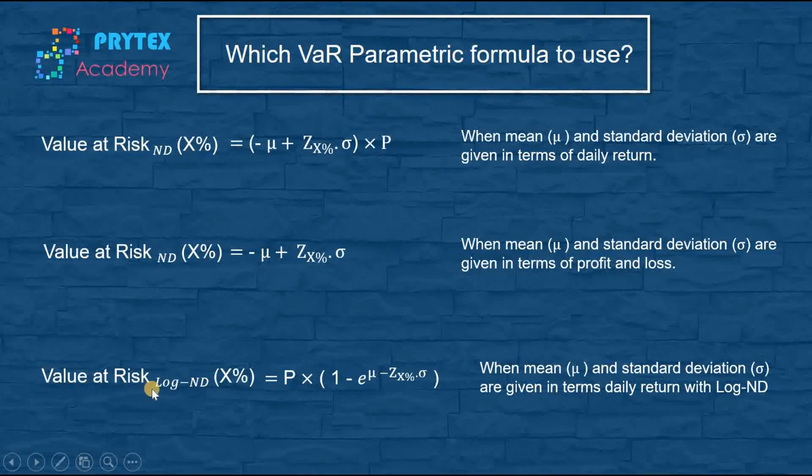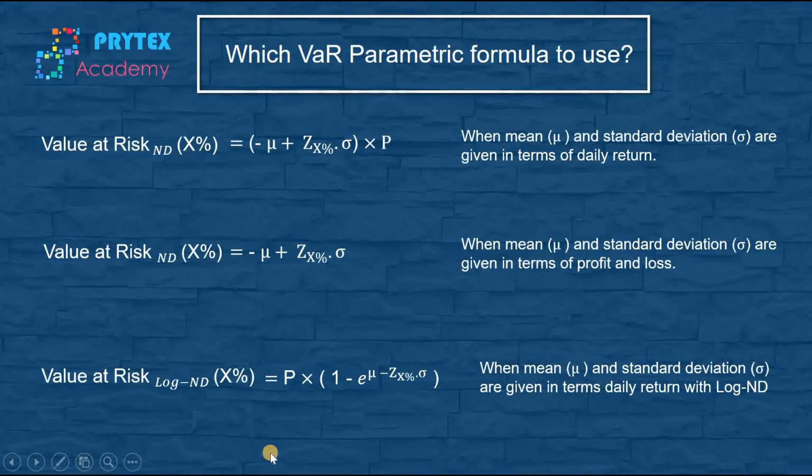So value at risk by the method of log normal distribution, that is, when the underlying distribution has log normal characteristics, then for x% significance the value at risk can be known by this equation, where this is e, the exponential, to the power of the mean minus z at x% significance multiplied by the standard deviation, and we take 1 minus this and multiply it by the portfolio value to get the value at risk when the underlying distribution has log normal characteristics.